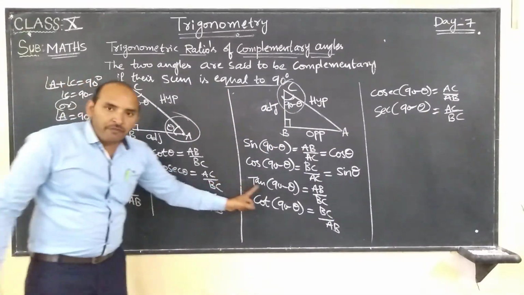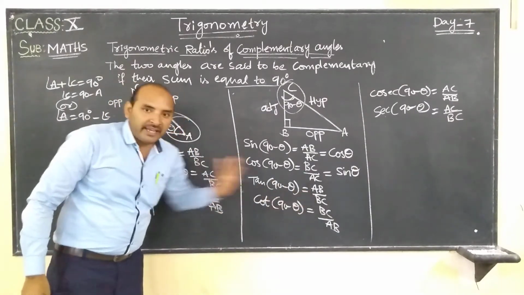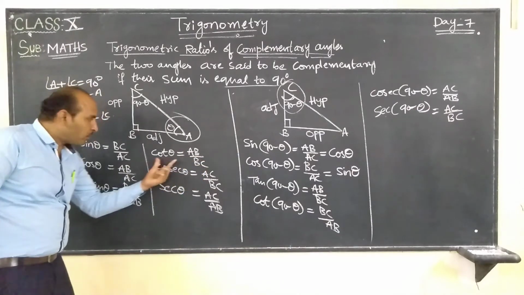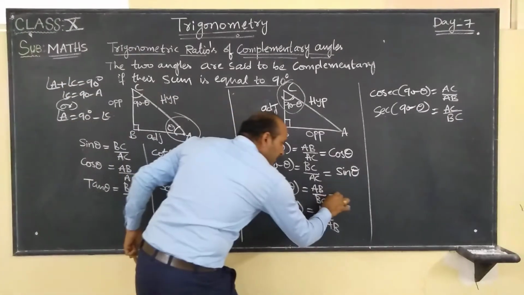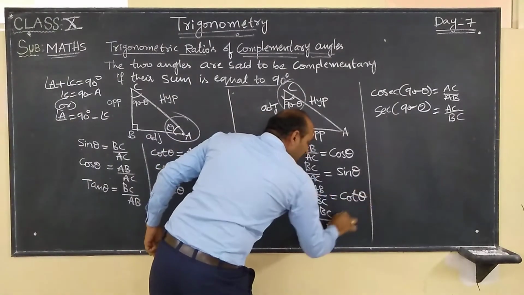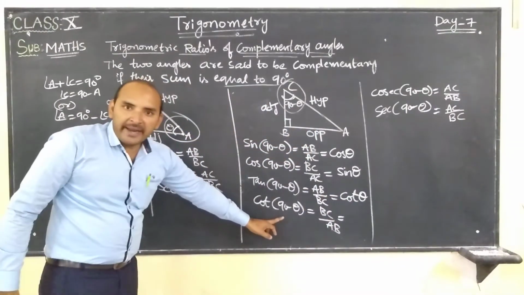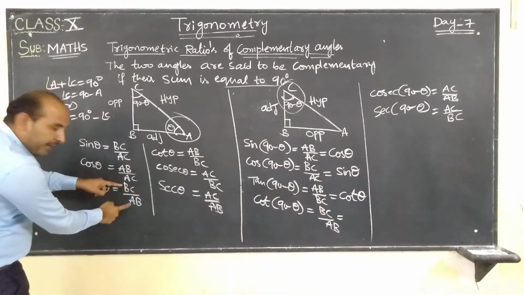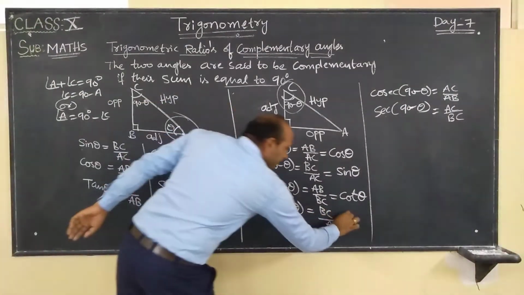So now tan of 90 minus theta is equal to AB by BC. Here AB by BC is nothing but what? Cot theta. Now cot of 90 minus theta is BC by AB. Here BC by AB is nothing but tan theta.